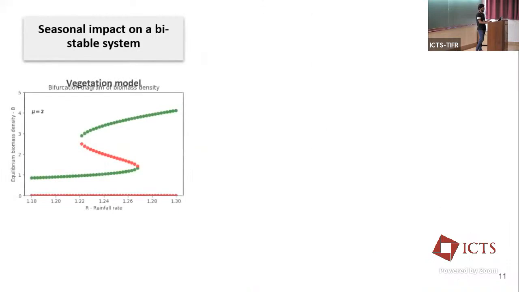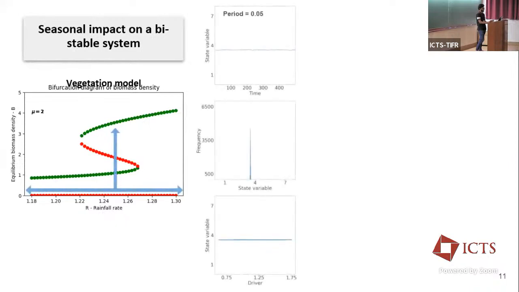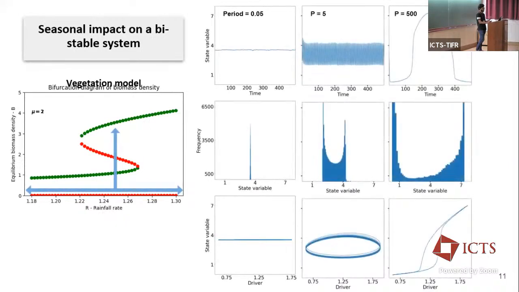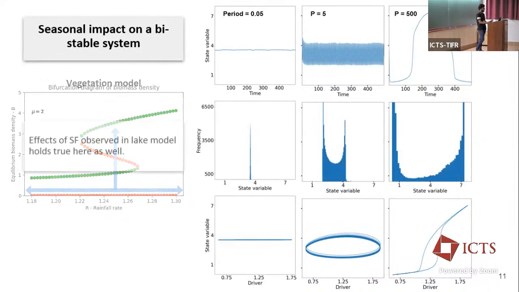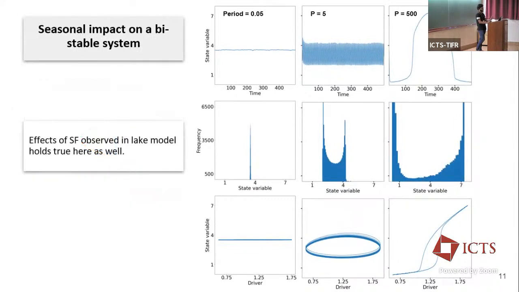I also considered a different bistable system, a vegetation model, which shows similar results to what we have seen for the lake model. So here also we see bimodality for periods comparable to the system's time scale, and for larger periods we see the system undergoing transitions.